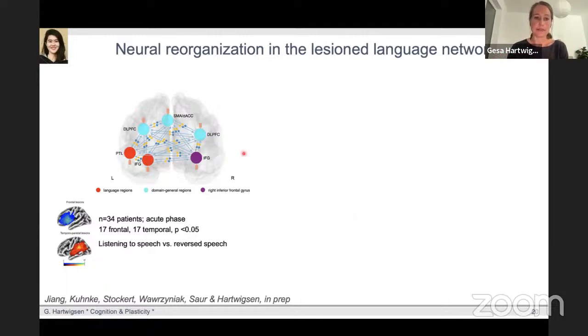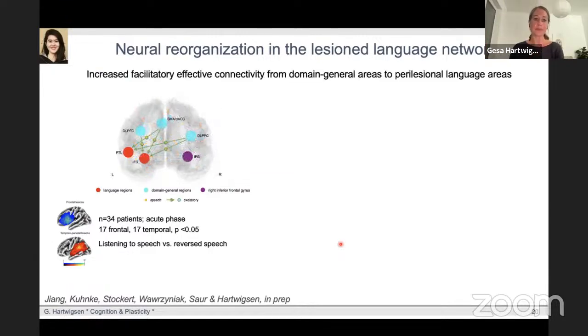And this is a very complex study because we have 2 groups of patients, and we look at the changes longitudinally from the acute to the subacute to the chronic phase. I just want to show you one preliminary, and I think very interesting, result, namely the increased facilitatory effective connectivity, the functional interaction from domain general areas to perilesional language areas in the acute phase after stroke.